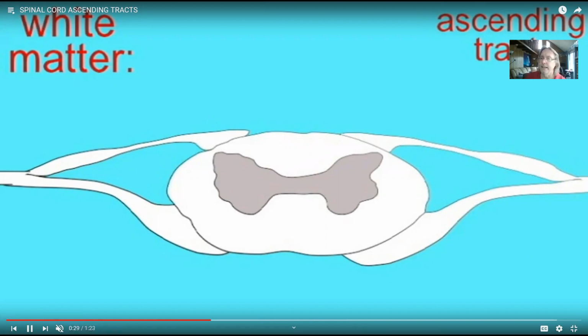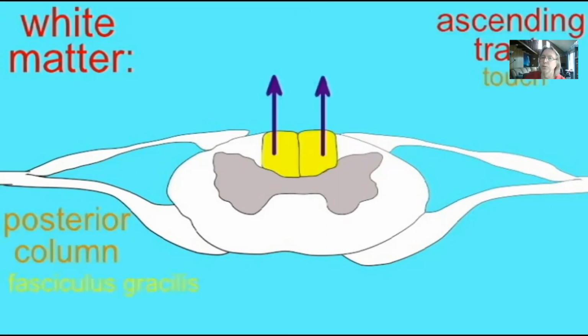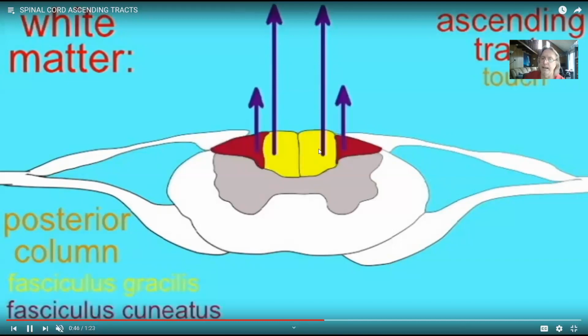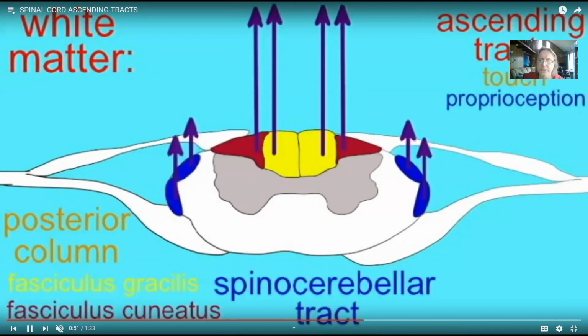They are ascending tracts, and notice they are organized. The ascending tracts are separate from the descending tracts. Also, within the ascending tracts, there is organization. So touch will go up the posterior column, but these yellow tracts carry touch from the hip and leg, while the red tracts carry touch information from the arm and shoulder.